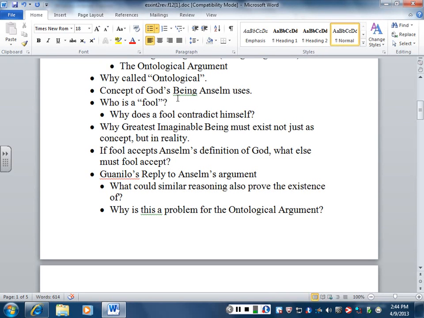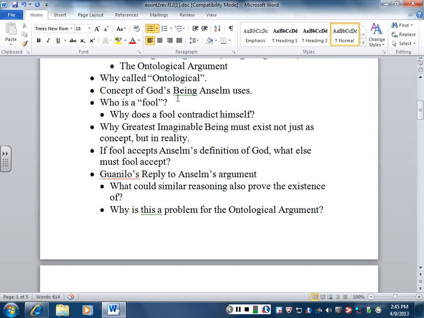And to be less than good is to be less than real for Plato. So buried in the background of this argument is the assumption that something that exists is greater than something that doesn't exist.